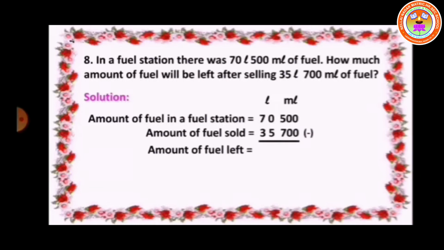First you have to subtract milliliter. 0 minus 0, 0, 0 minus 0, 0, 5 minus 7. It is not possible, so we borrow from the previous digit.